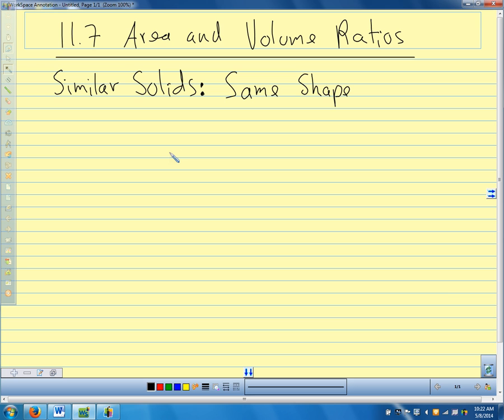And the other thing we talked about with similarity is we compared sides. So I'm going to say they have to be the same shape, and all corresponding dimensions are... And what happened when we compared the corresponding parts of similar shapes?